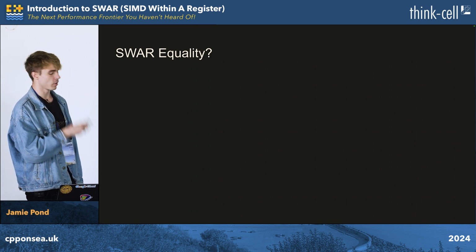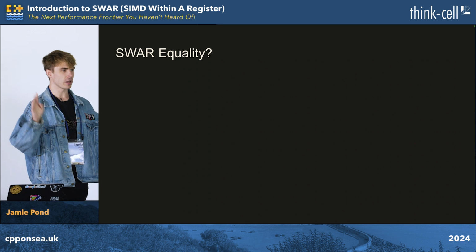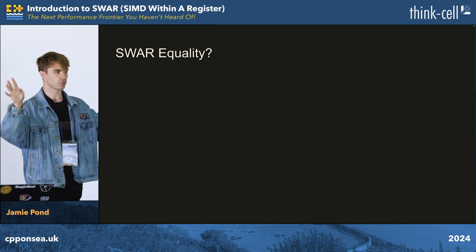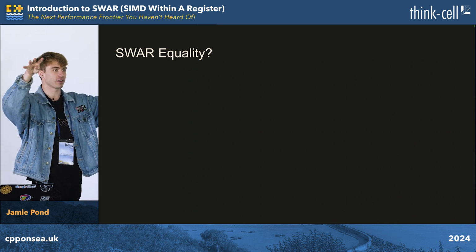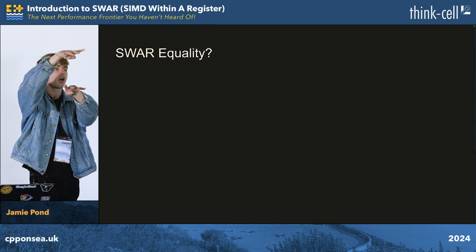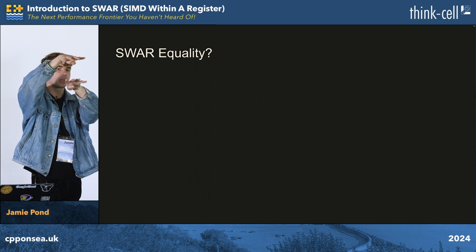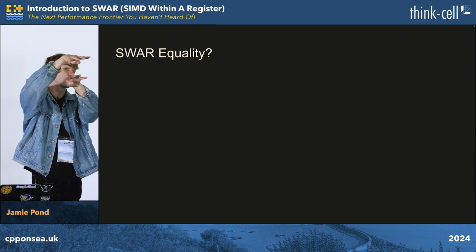So we're just going to talk about equality. Imagine we have 2 SWARs, and we're going to compare the values lane by lane and say, are any of these equal? And if any of them are equal, we'll return a Boolean true for any of the lanes that were equal.